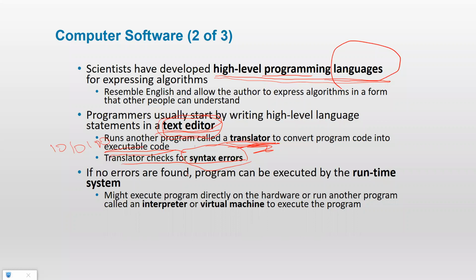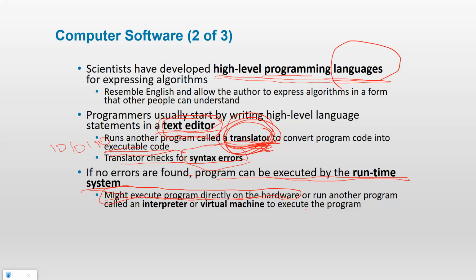If no errors are found, the program can be executed by the runtime system. So this makes it into ones and zeros, and this actually executes the ones and zeros. It might execute the program directly on the hardware. This is when you have assembly language, it doesn't need translation, it will almost directly execute.